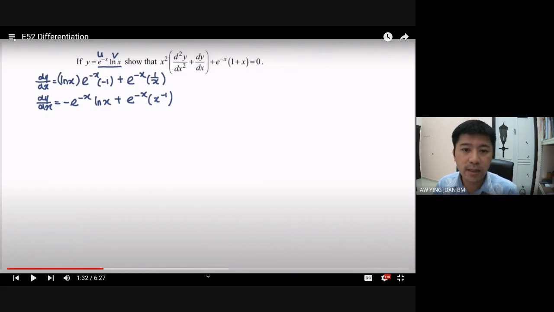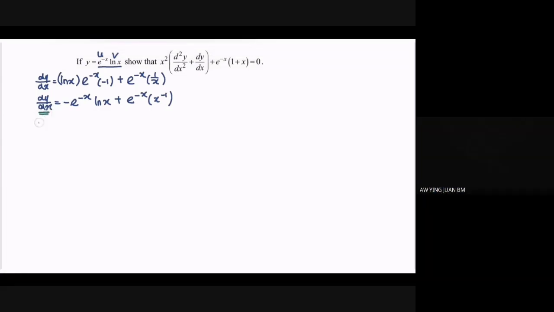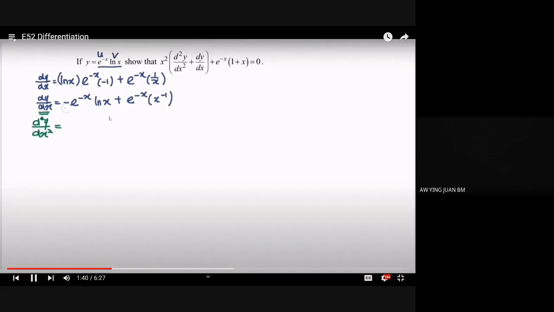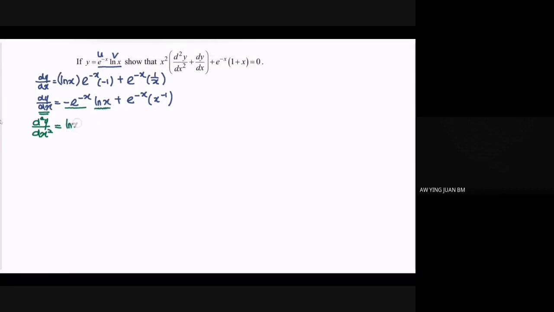Okay, continue. So differentiate dy/dx, so we will have the second derivative equals to, let the negative e to the power negative x be u, ln x be v. So ln x bracket, we have negative e to the power negative x multiplied with negative 1 plus negative e to the power negative x, differentiate ln x and we will have 1 over x.